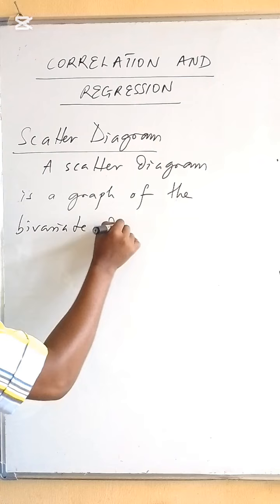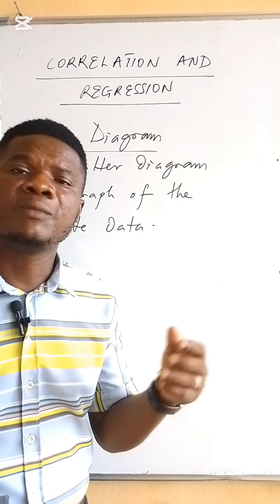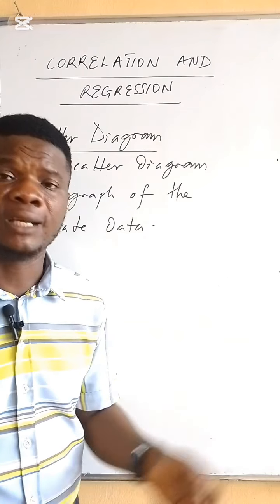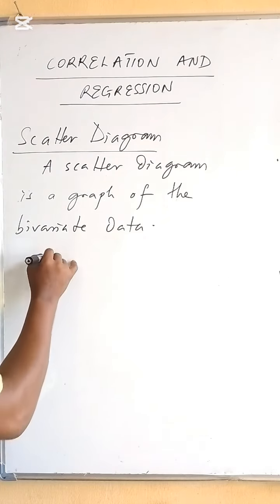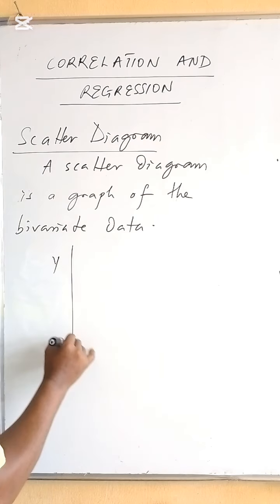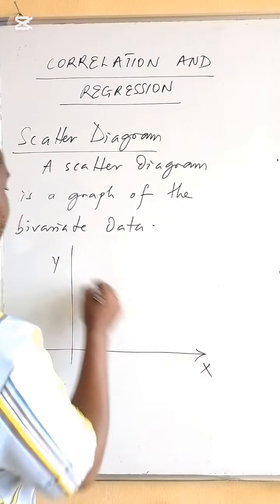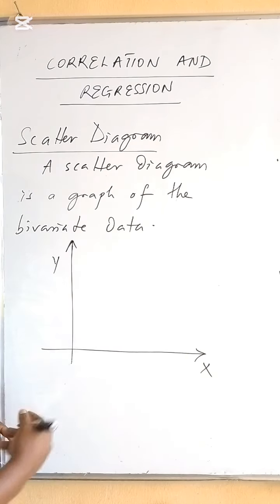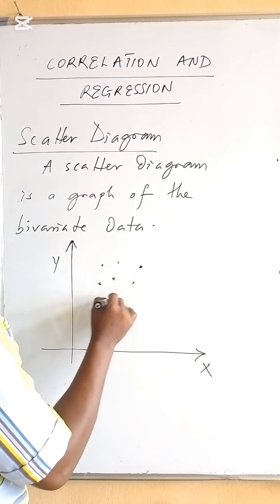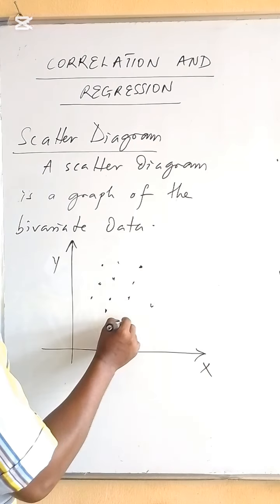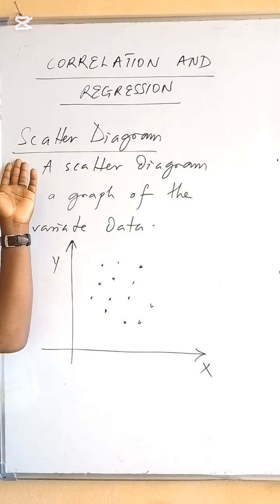Now that we know that the bivariate data simply describes one item in relation to 2 variables, it means that if there is a variable y whose relationship we consider in relation to another variable x, then a plot of y against x will give us points within the Cartesian plane. These points plotted within the Cartesian plane constitute what we call a scatter diagram.